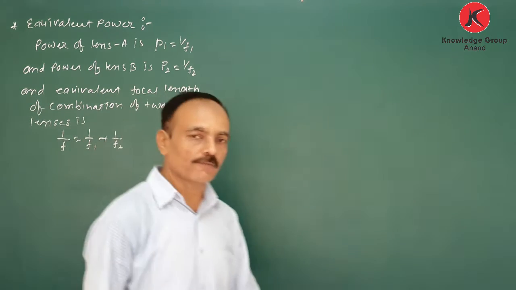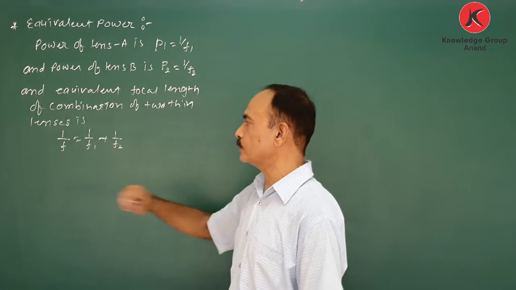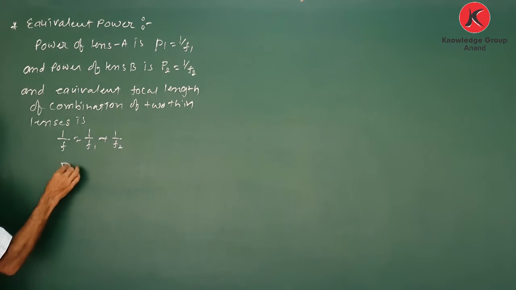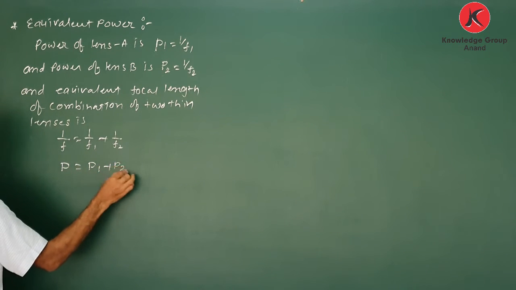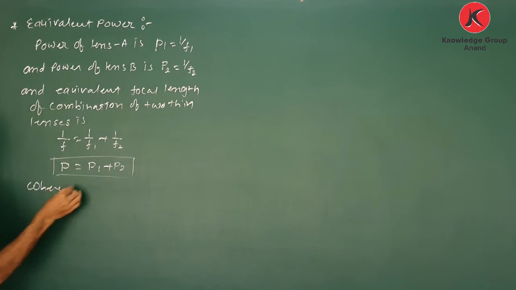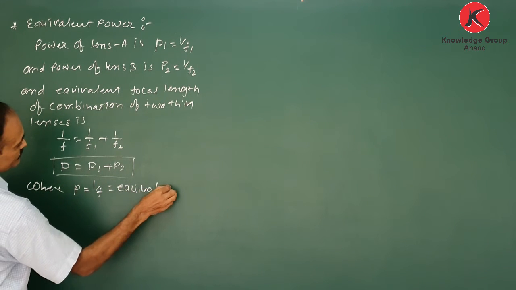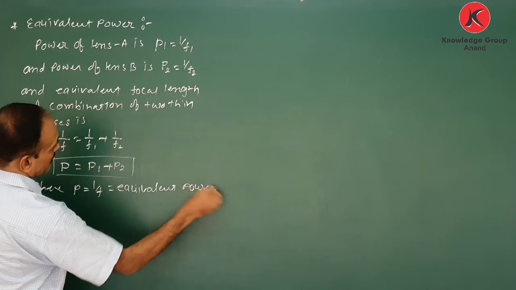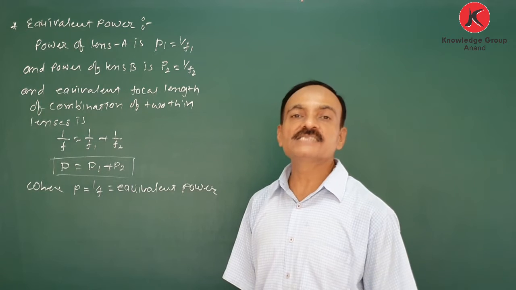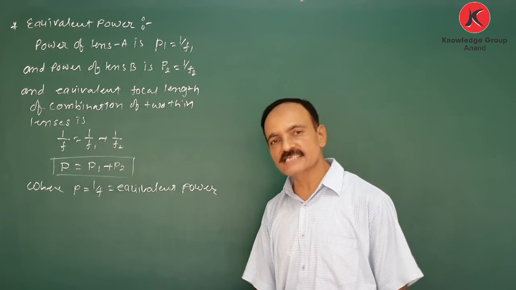Now we will substitute 1 upon F1 as power P1 and 1 upon F2 as power P2. Therefore 1 upon F is the equivalent power of this combination. Therefore P is equal to P1 plus P2, where P equals 1 upon F is the equivalent power. Thus, the equivalent power is equal to the algebraic sum of the powers of each lens in contact.